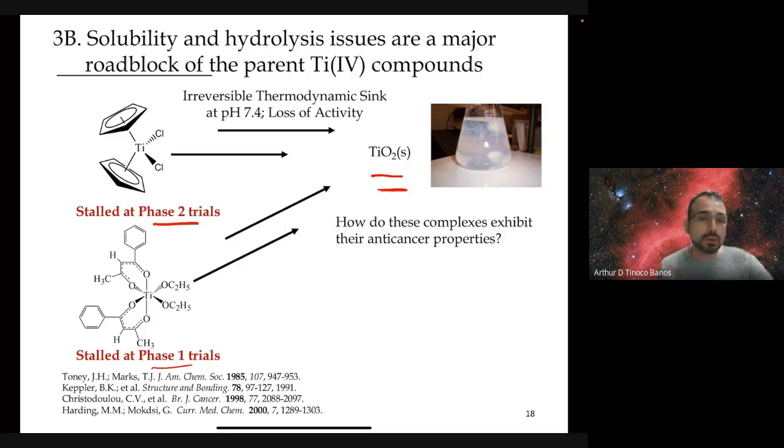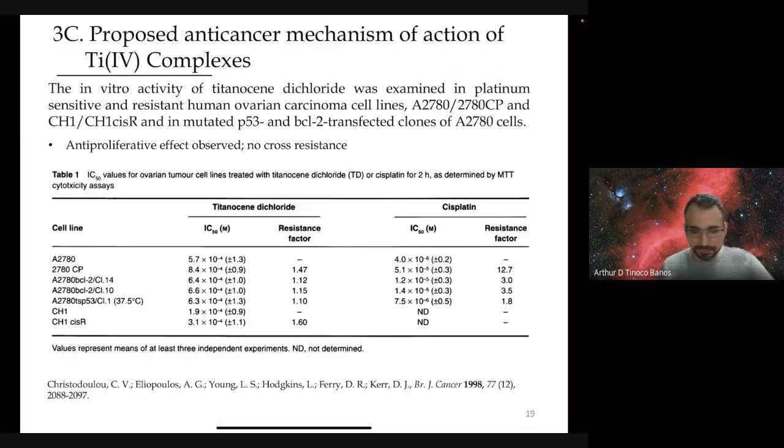All right, so the question has been, how do these initial parent compounds exhibit any sort of anti-cancer property? If you look closely at the literature, I did mention that these compounds were broad spectrum in terms of their effect, meaning that they were able to hit different types of cell lines. But if you really look closely at the data, you start to see some issues.